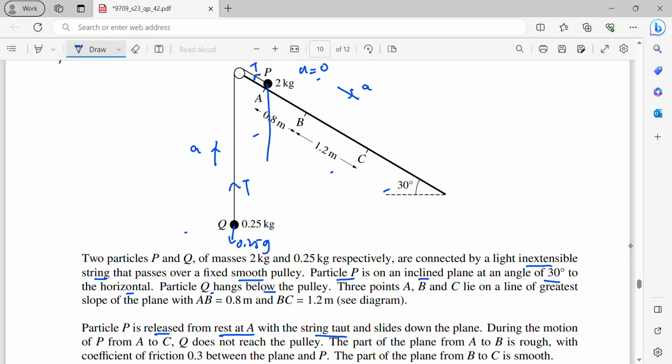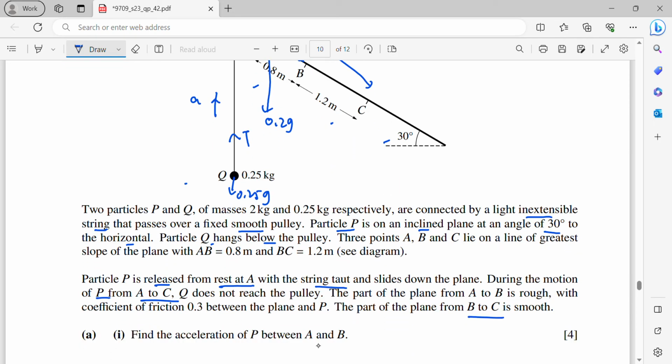Here is going to be the weight. Now, during the motion of P from A to C, Q does not reach the pulley. The path of the plane A to B is rough, with coefficient of friction 0.3 between the plane and P. The path B to C is smooth.